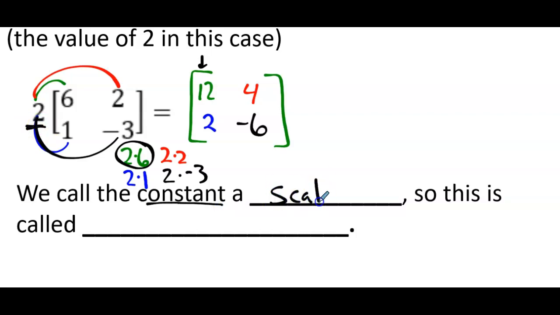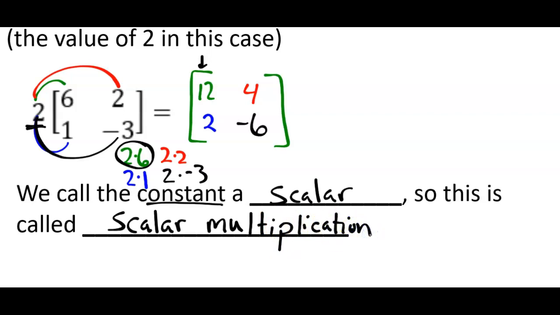And scalar multiplication is what this is called because of that. All right, with this process, we are just increasing the number inside by the number outside. We're multiplying it in, okay?